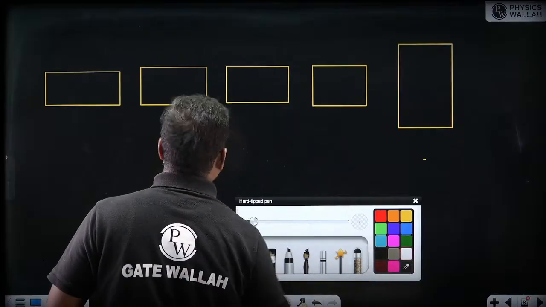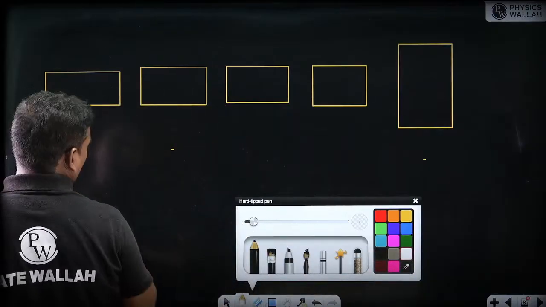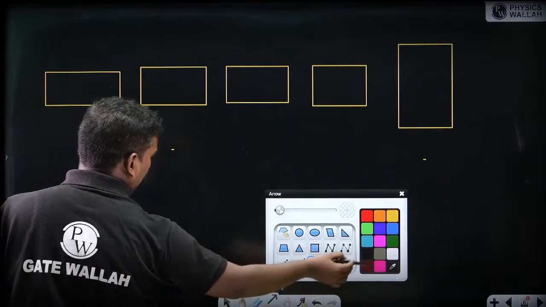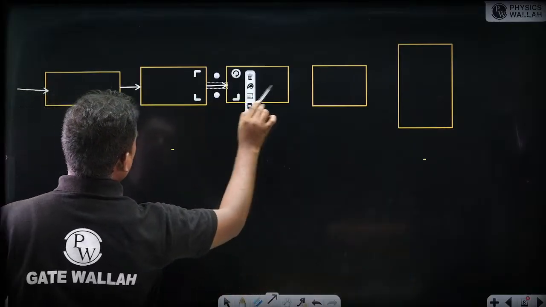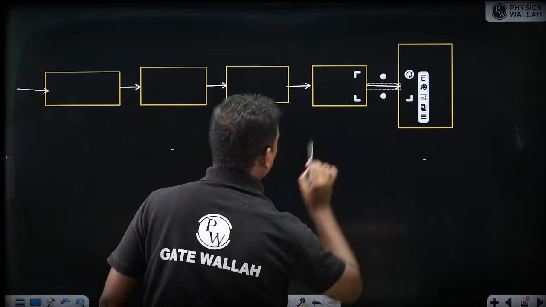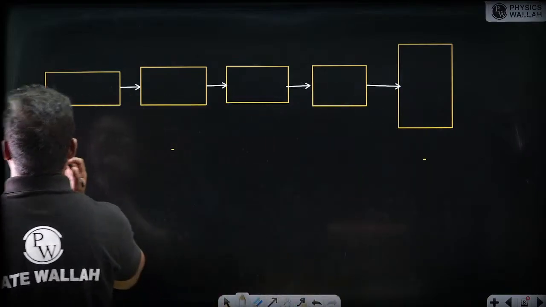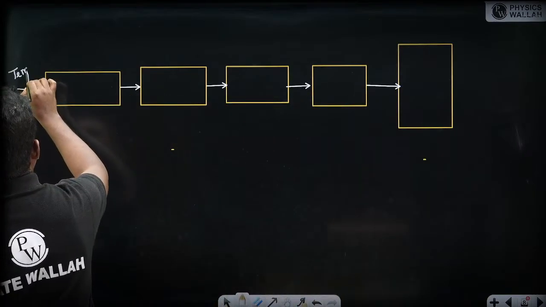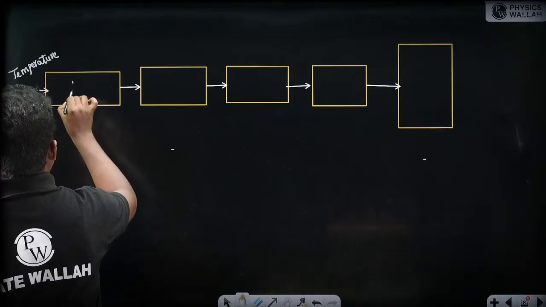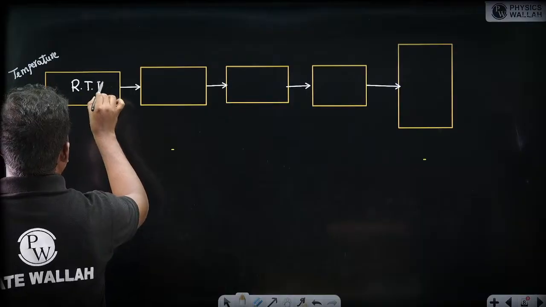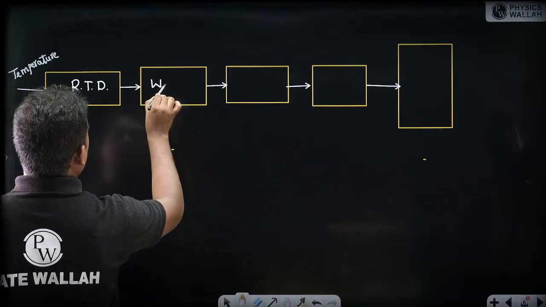So here, this is our temperature, it is changing like this. This is the RTD. This is a Wheatstone bridge.